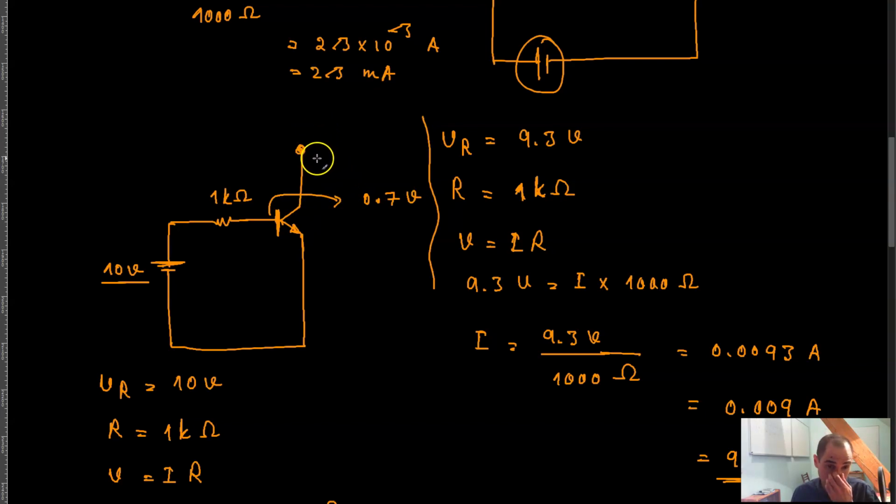So we need to start doing some calculations related to this collector as well. Now let me take a few minutes rest, and we will do a couple of calculations with the collector.